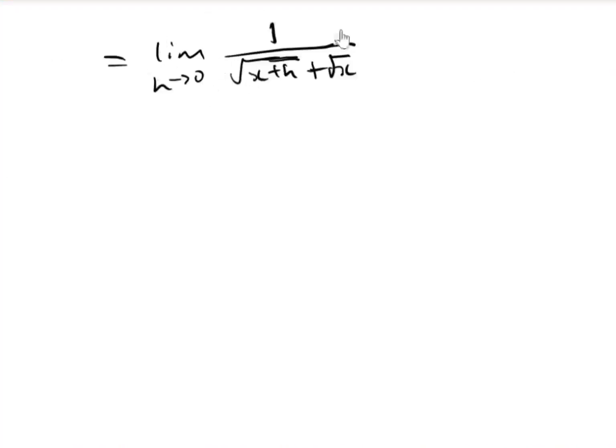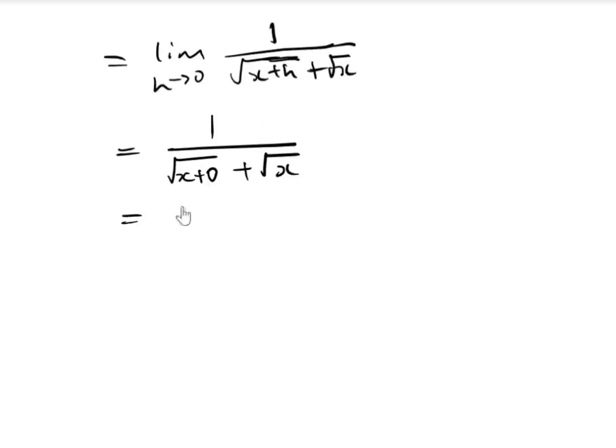At this point, we have to apply our limit, which is 1 divided by the square root of x plus h, plus the square root of x. For the limit as h approaches 0, wherever you see h, you substitute with 0.